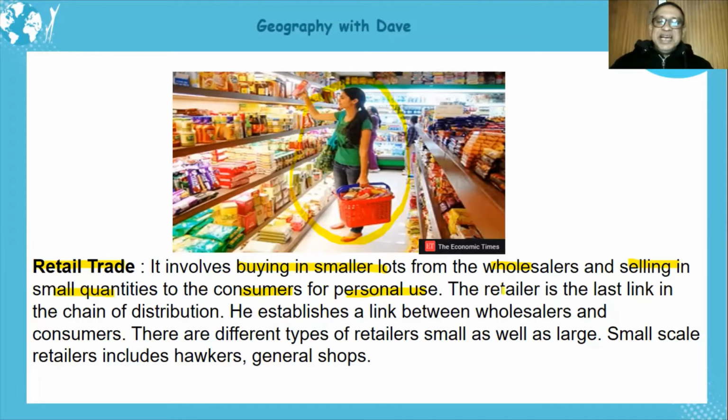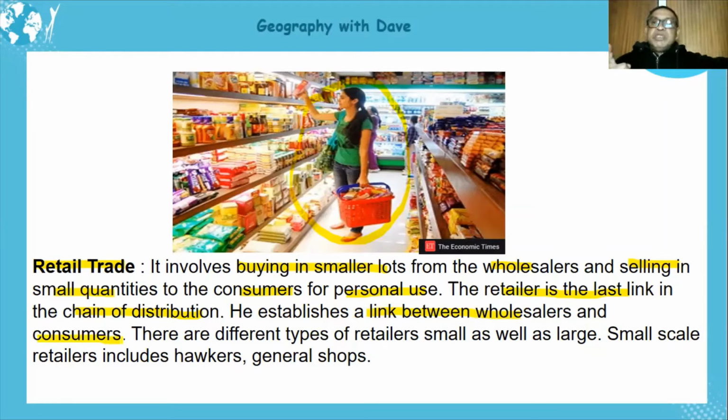The retailer is the last link in the chain of distribution, where it's sold to the people and the people consume. The retailer establishes a link between wholesalers and the consumers. So let's put this in perspective.